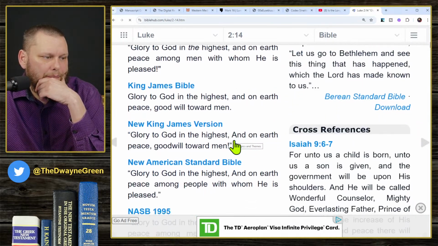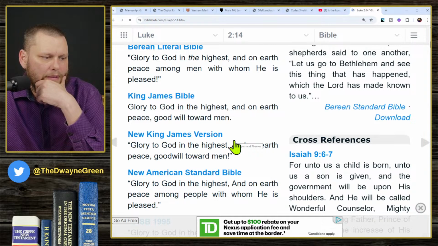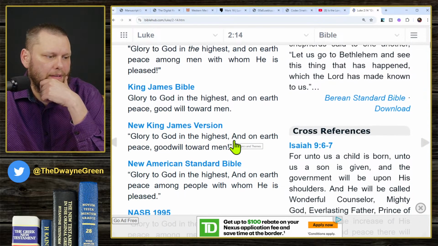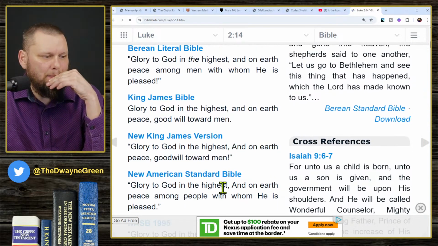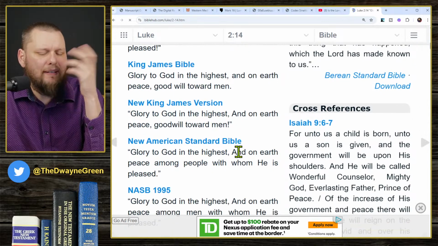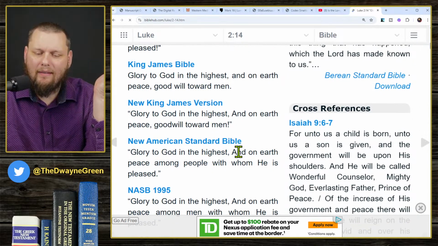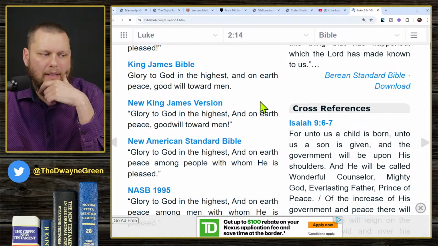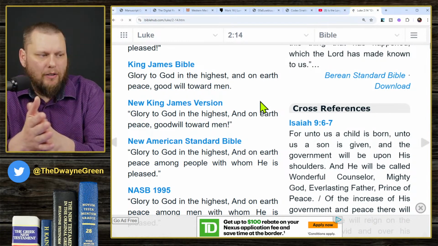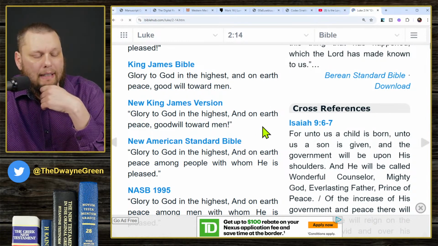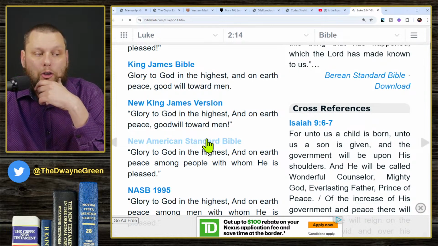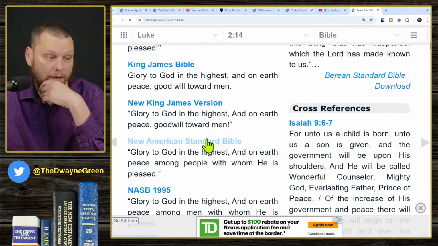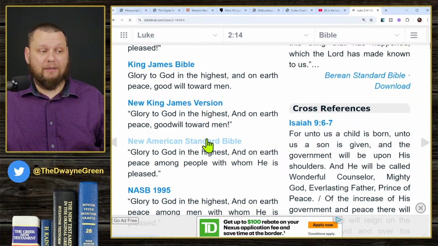All right. So this passage in the New King James Version reads, "Glory to God in the highest, and on earth, peace, goodwill toward men." Okay. Peace, goodwill toward men.